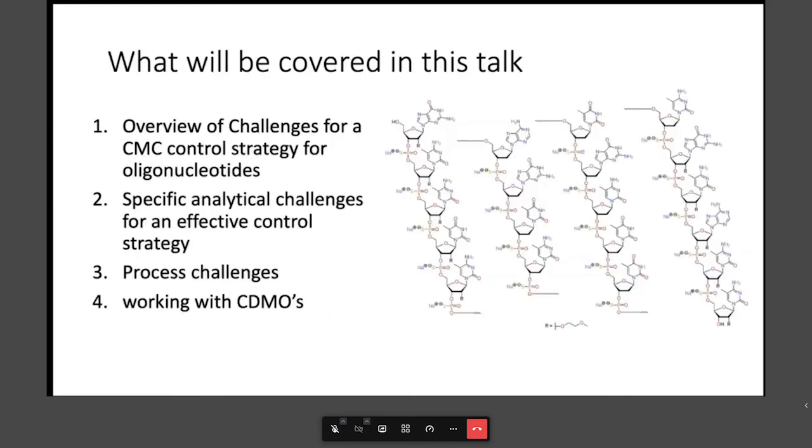So it becomes very important to focus on these challenges because they will become even more acute as we move into this area. I'll give you an overview of what I see are the challenges for a control strategy, and we'll talk very briefly about what that is. I want to talk about some specific analytical challenges for an effective control strategy and what I've seen over the last several years.